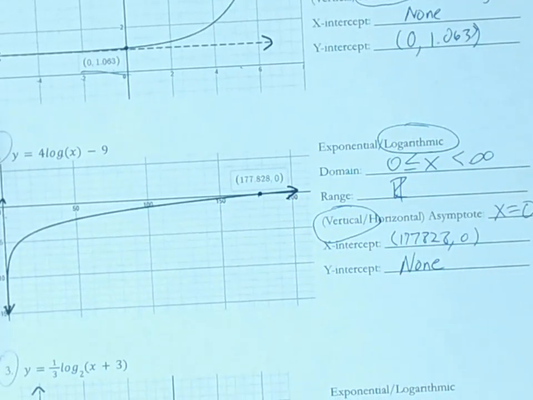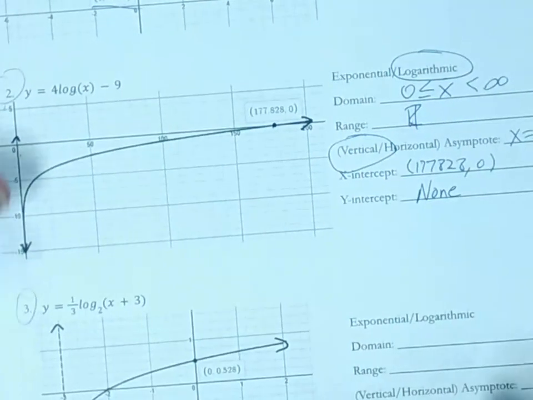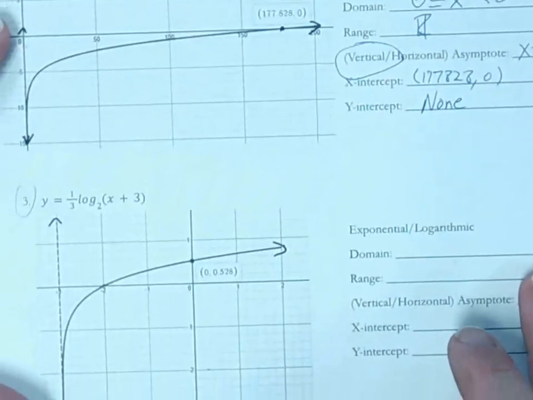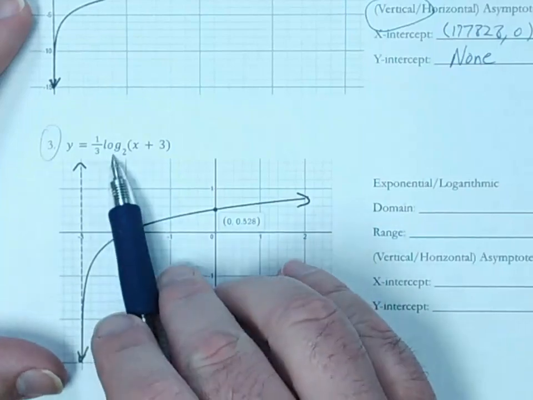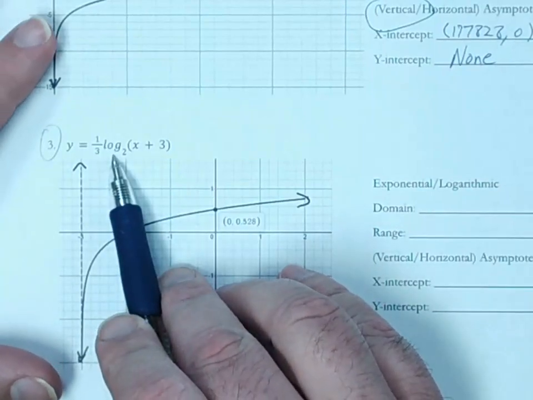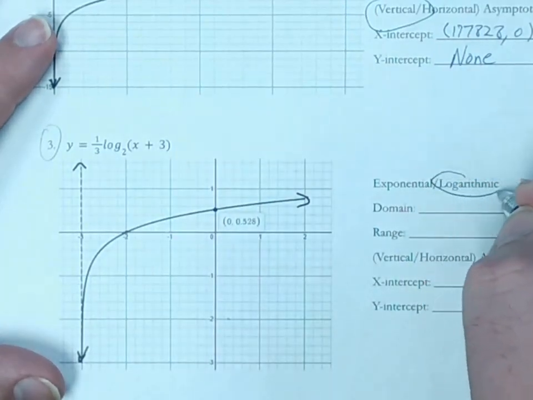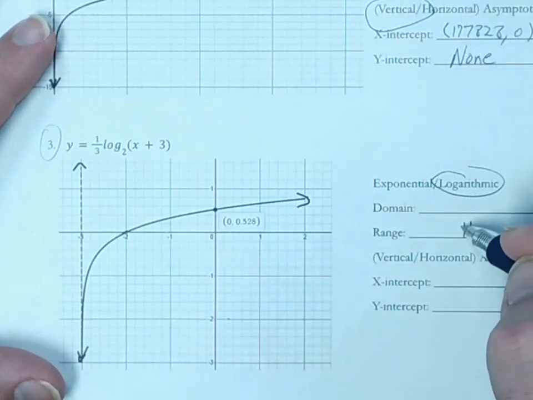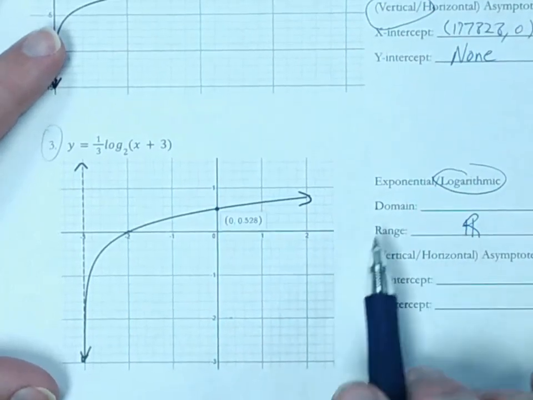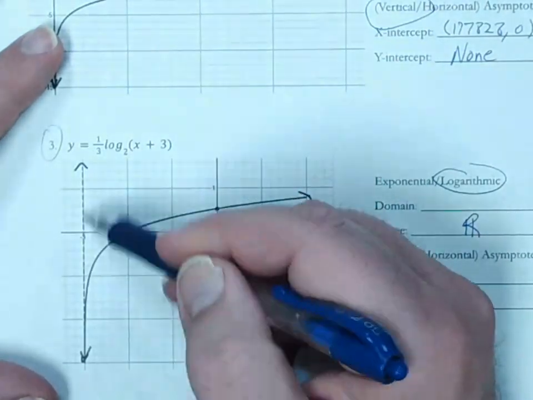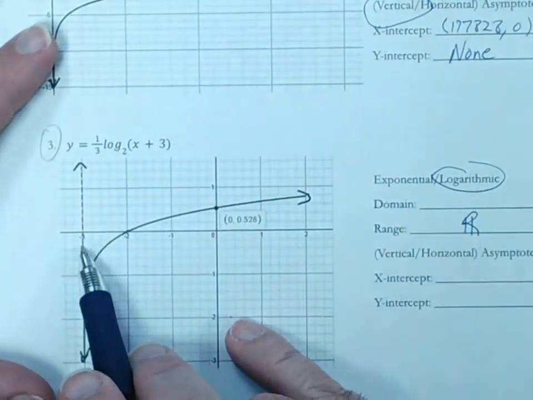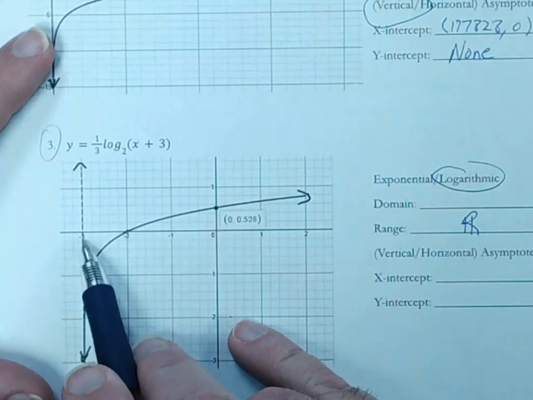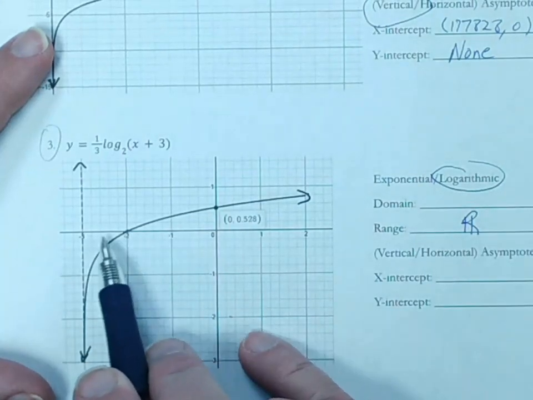So far, so good. Number 3. Again, I look at the equation, and that definitely has a log in it. So I'm going to say that this is a logarithm. And again, logarithms have a range of all real numbers. Again, the domain is going to start at the vertical asymptote, which in this case goes through -3. 1, 2, 3.